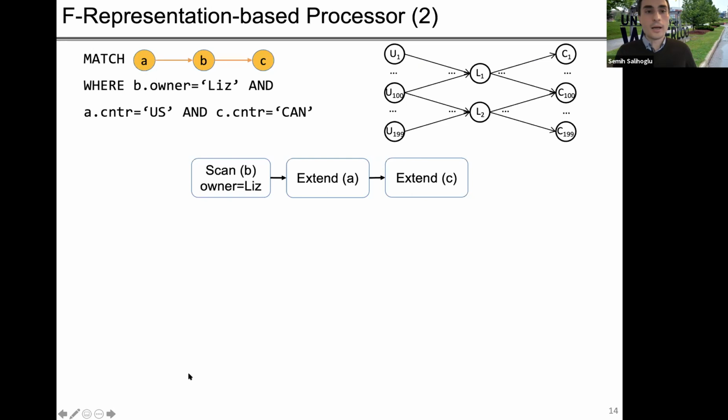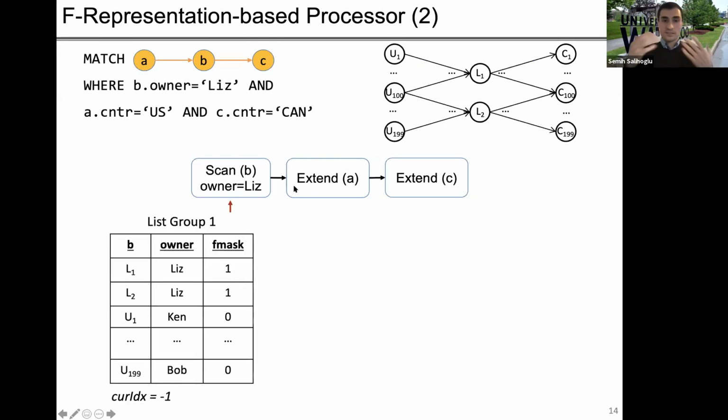I'll have exactly the same query plan, and the scan operator, as usual, is going to read a block of nodes and the owner properties of those nodes and run the filter in a block-oriented manner. But this first block of tuples is also going to have a field called the current index, which could be -1 or a positive number, and I'll describe what that means in a second. So when it's -1, it means that all of these tuples are alive, for a meaning that will become clear in a second.